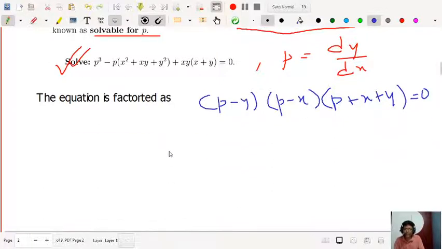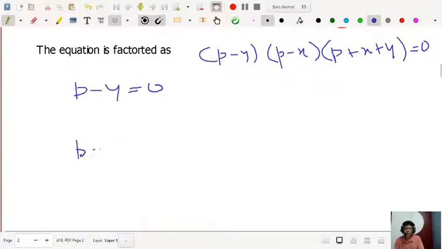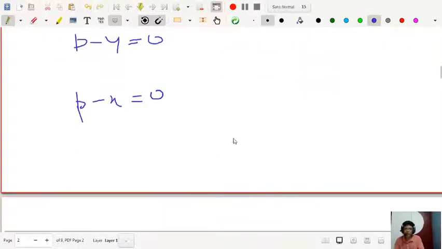So equating each of the linear factors separately to 0. So p minus y equal to 0, right? Then p minus x equal to 0, and the last one is p plus x plus y equal to 0.